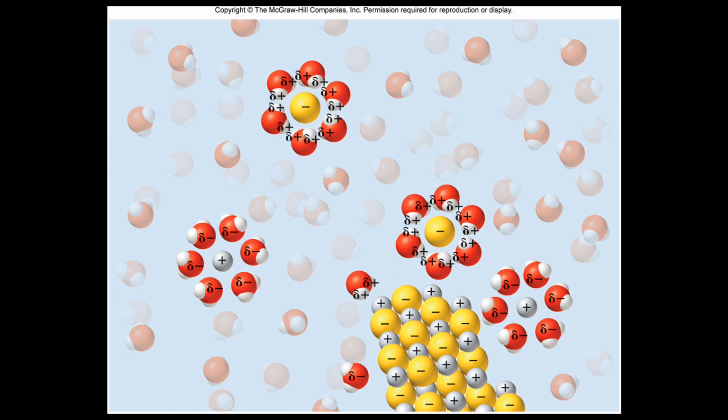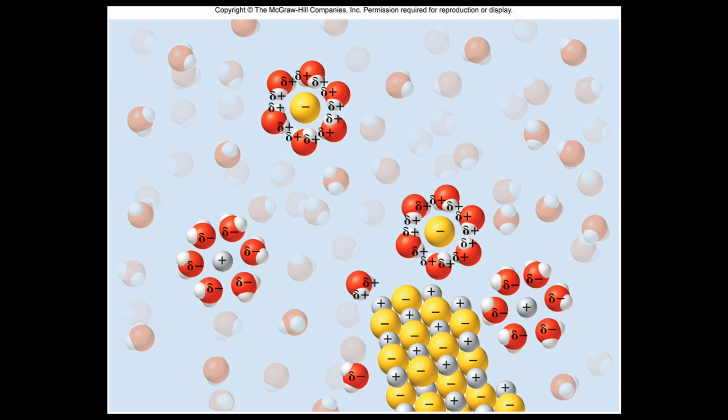The ion-dipole interactions become stronger than the ion-ion interactions, the electrostatic attraction between cation and anion. And water eventually will fully surround that cation of sodium and carry it off into solution.